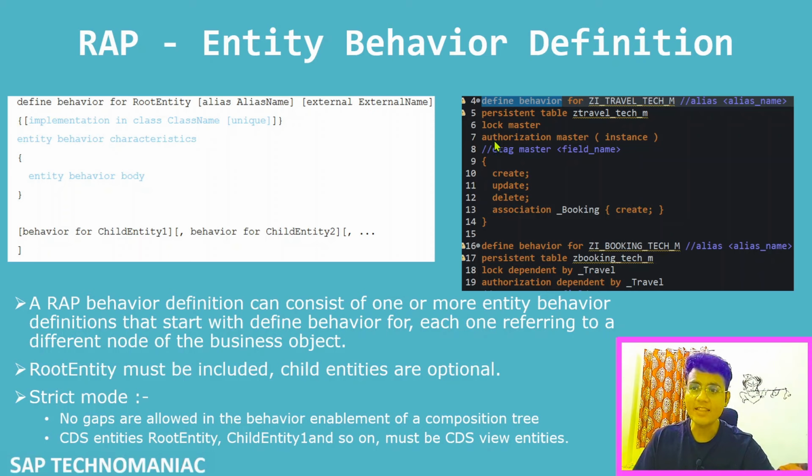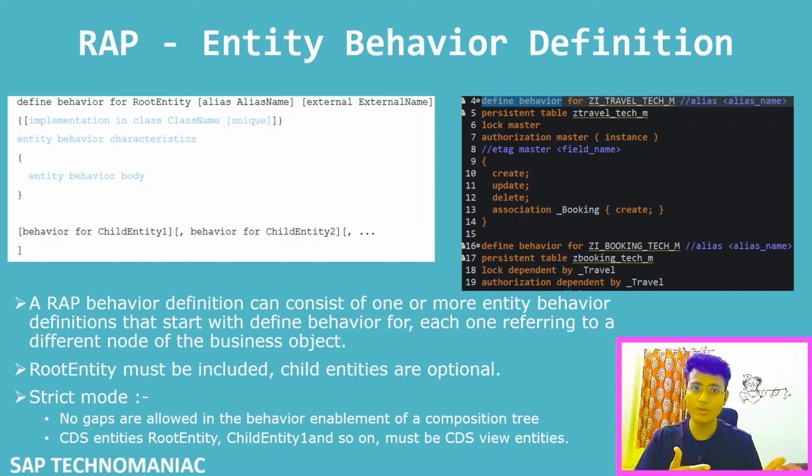Then we will define the entity behavior characteristics and the entity behavior body. In the characteristics, as we define here, you can see we can define the persistent table, lock master, what kind of lock you are using, and what authorization you are using. Apart from that, for the draft scenario we can define the draft table, and also the etag master. All these things we can define in the characteristics. And in the body, we define what kind of things you are doing.